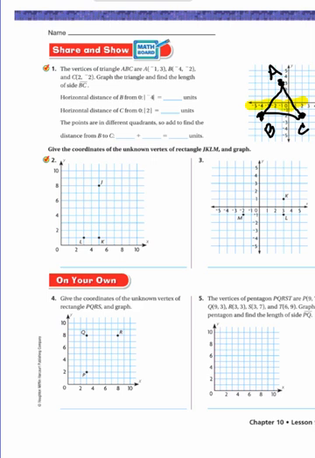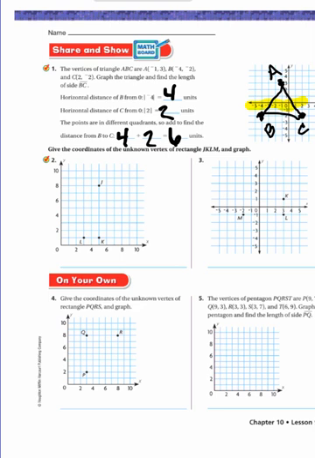So the absolute value of -4 is 4. That's where they're getting that number. The absolute value of 2 is 2. The points are in different quadrants, so add to find the distance from B to C. 4 plus 2 equals 6 units.